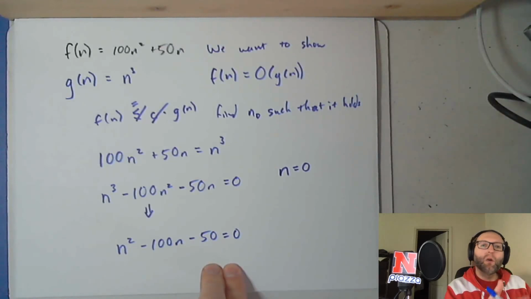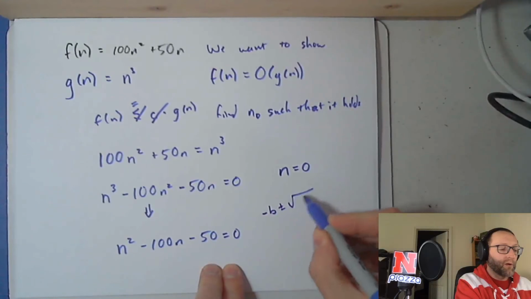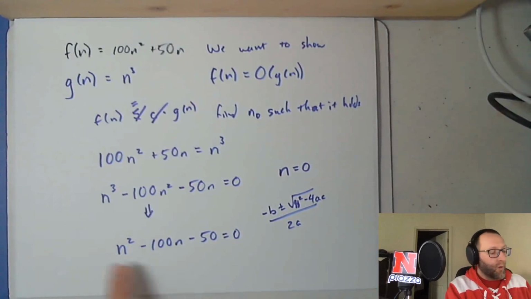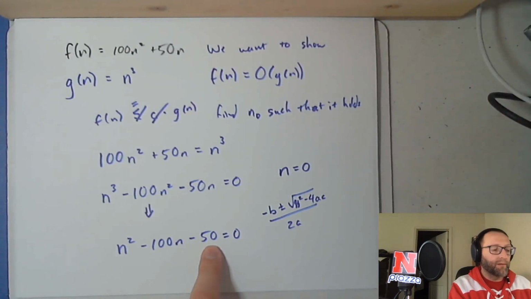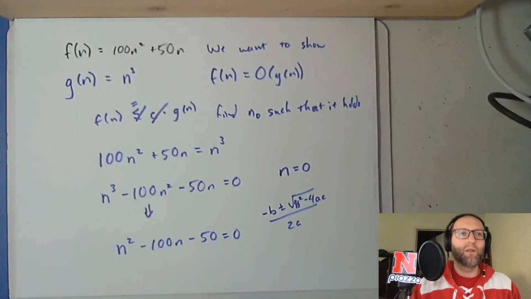Now I can use our old friend, the quadratic formula: negative b plus or minus the square root of b squared minus 4ac, all over 2a, where a is 1, b is negative 100, and c is negative 50. Well, this is not an algebra course, so I'm not going to do that.